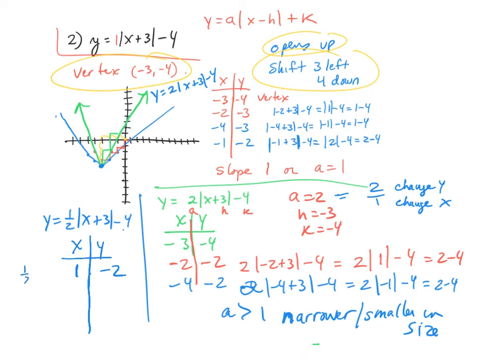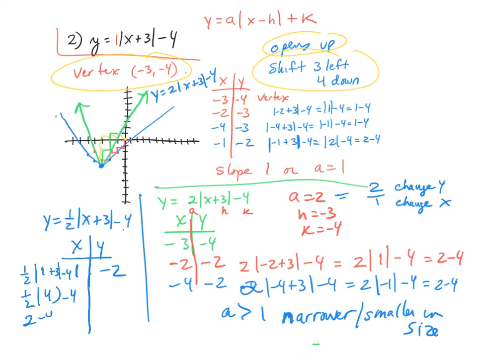Again, I took 1/2 of, well, that would be 1 plus 3 minus 4. So 1/2 of 4 minus the 4.